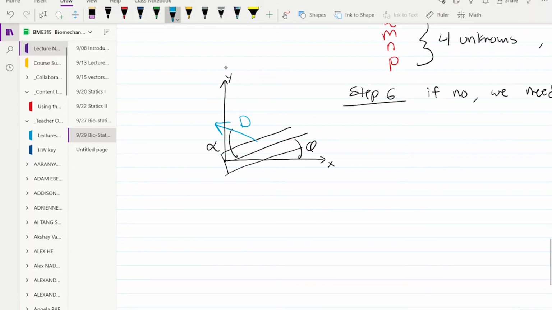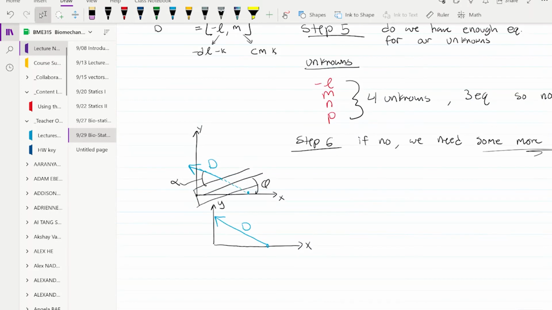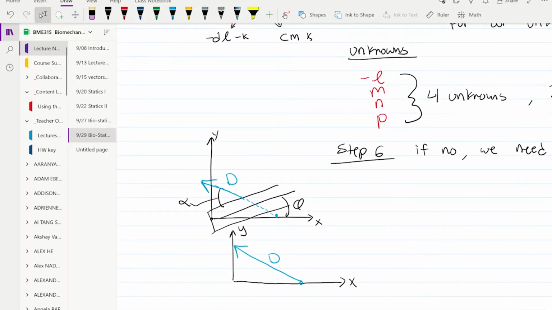We gotta make our little triangle. Say that that's D. And if this is the XY coordinate system, then what does that mean? If we put D projected out here, that's kind of the same thing, isn't it? Don't worry about it though. This is alpha. Let's call that thing alpha for now, the phi, stuff like that.